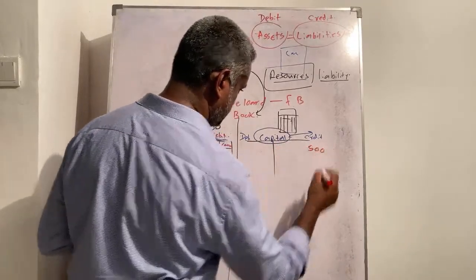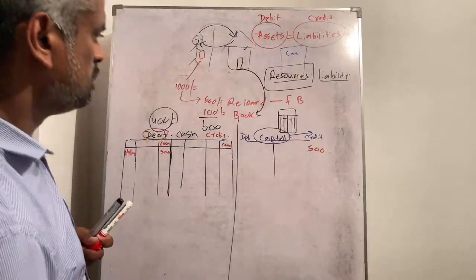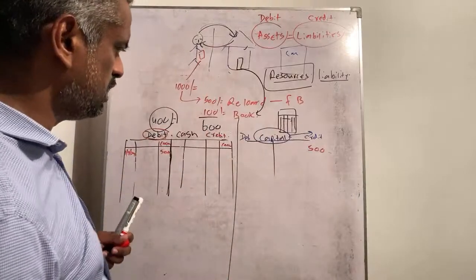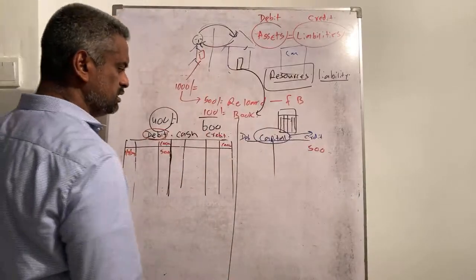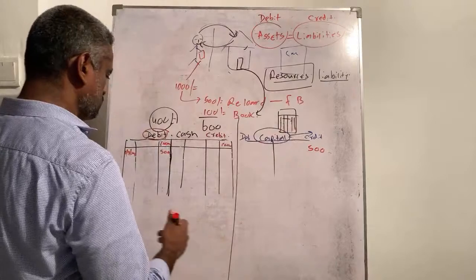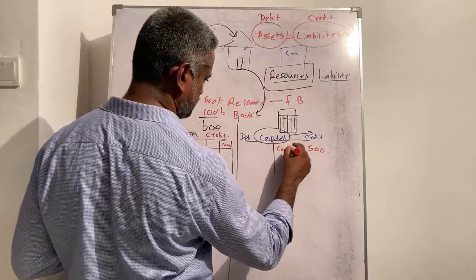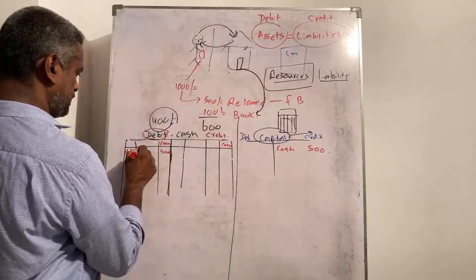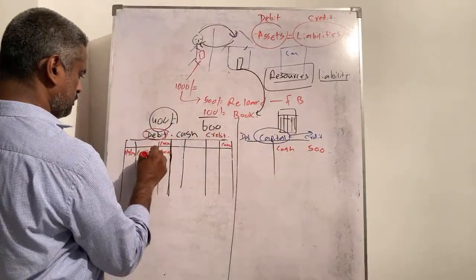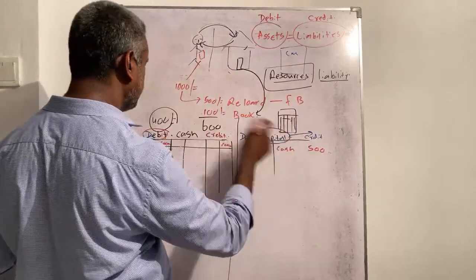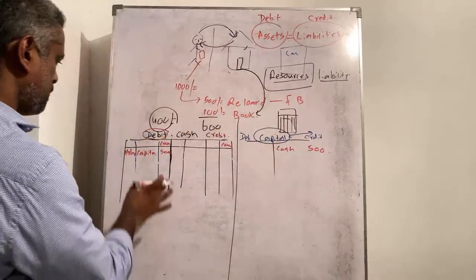500, right? Then you will change the names of the accounts, right? You will write here cash, you will write here capital, because you need to identify from where it has come, right?